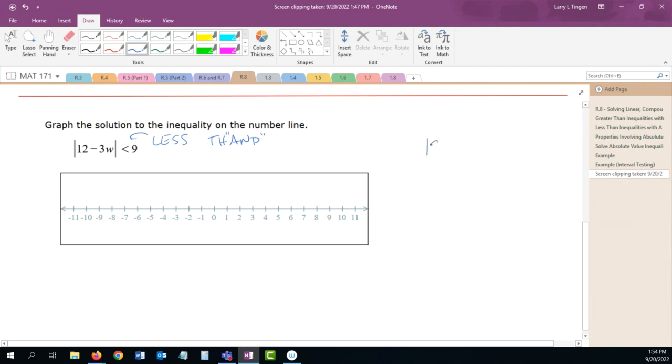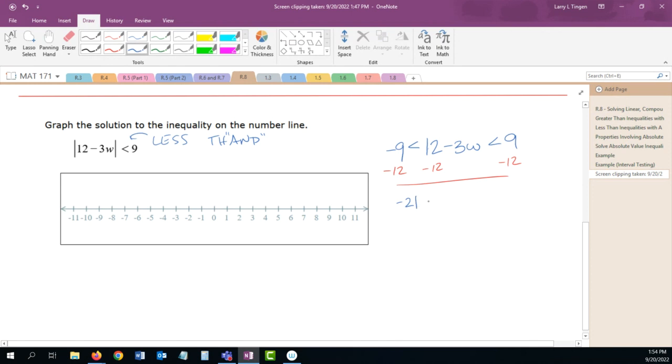So that means whatever's inside the absolute value is either less than 9, which is exactly what it says. It also has to satisfy the fact of being greater than negative 9. Okay, so I'm going to solve this for W, which means get W by itself.